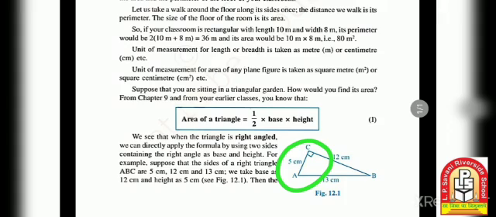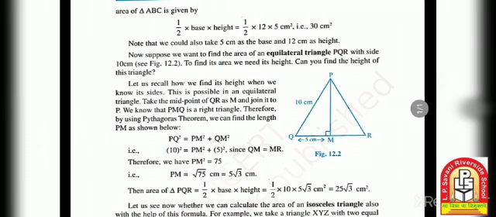By using the formula, area of triangle is 1/2 base multiplied by height, so 1/2 times 12 times 5, that is 30 centimeter square.